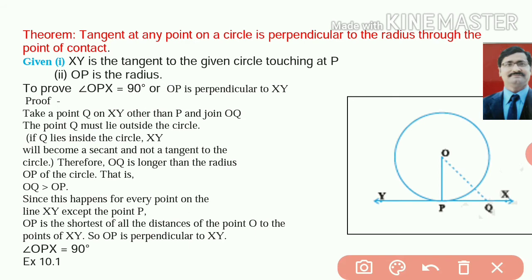Now we will do the theorem. Theorem 1: a tangent at any point on a circle is perpendicular to the radius through the point of contact. Look here, XY is a tangent. Given that XY is a tangent to the circle, touching at P. OP is the radius.